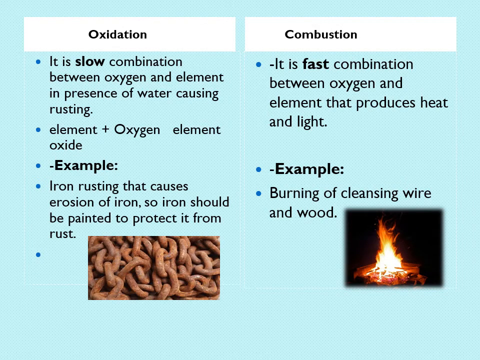So oxidation is a slow combination between element and oxygen, while combustion is a fast combination. The example of oxidation is iron rust, and the example of combustion is the burning of wood or cleansing wire.